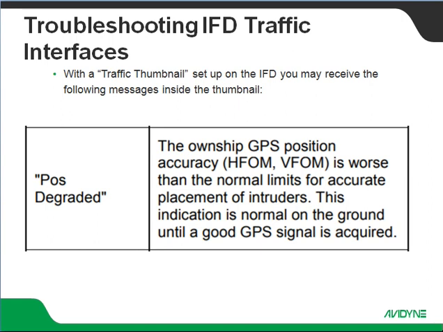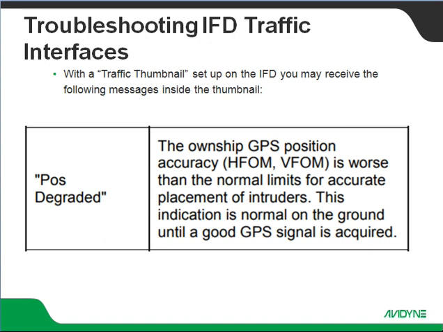Kind of the same thing with this one. This one might pop up in the traffic thumbnail as well, and it's saying position degraded. Not that uncommon on the ground still, at least until a good GPS signal is acquired.